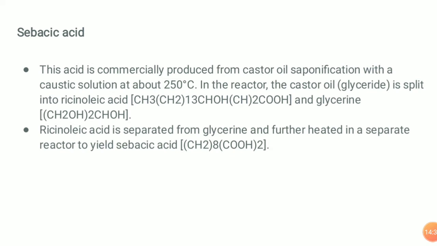Simply, castor oil is taken and treated with NaOH at around 250 degrees Celsius. We get two products, two layers. The clear solution is glycerin, and the remaining precipitate is the ricinoleic acid. Then it is further heated to convert it into sebacic acid. So that is how sebacic acid is produced.